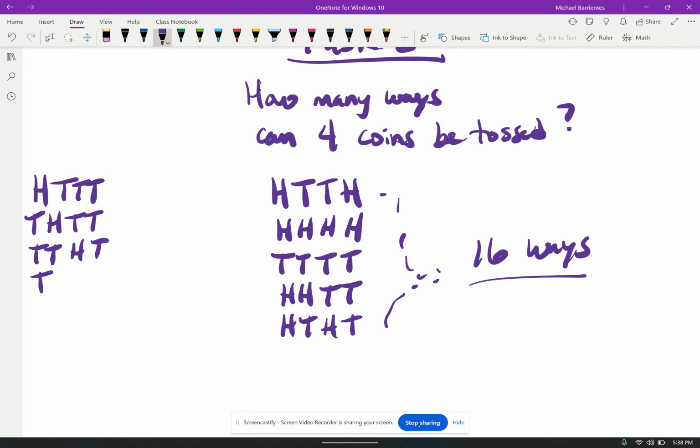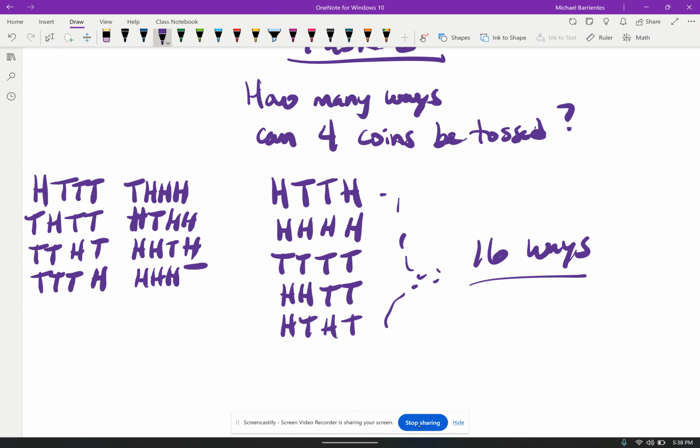Or I can have tail, tail, tail, head. Or I could have more, and as you can see, there's a lot of different ways.